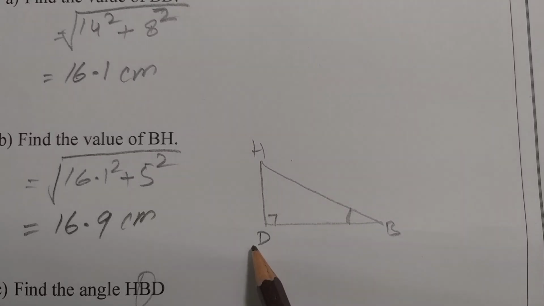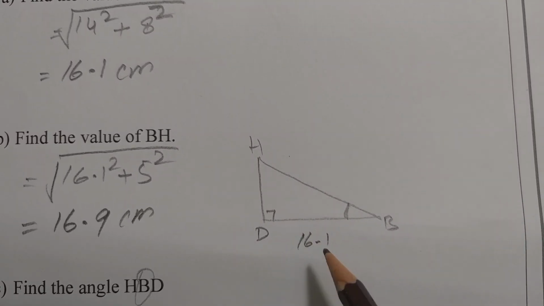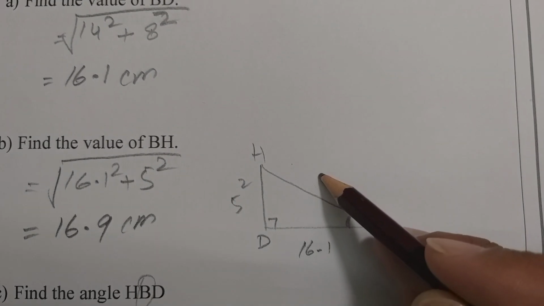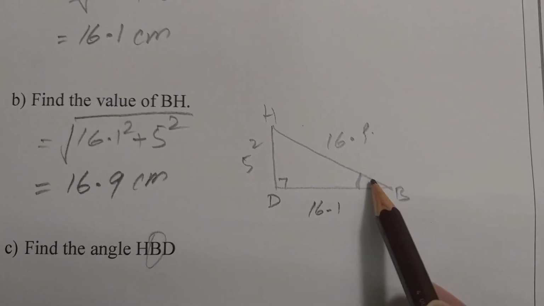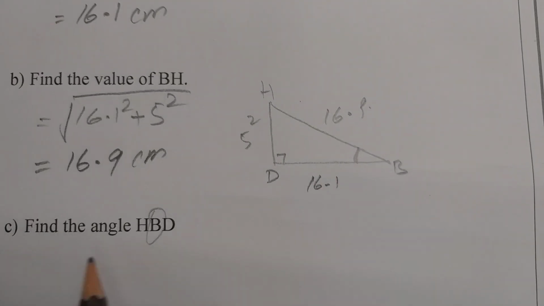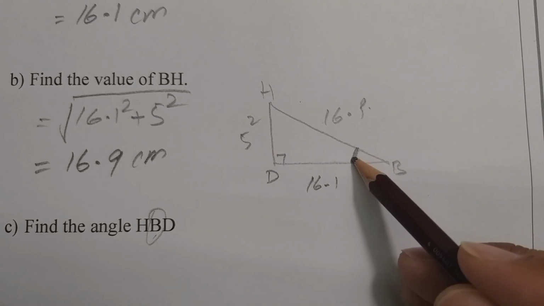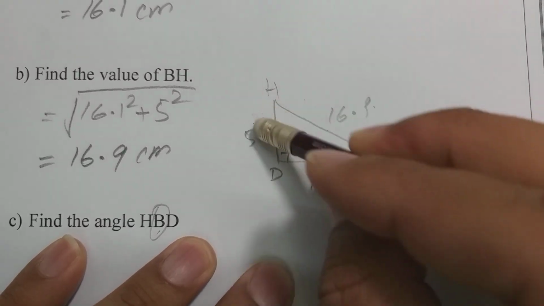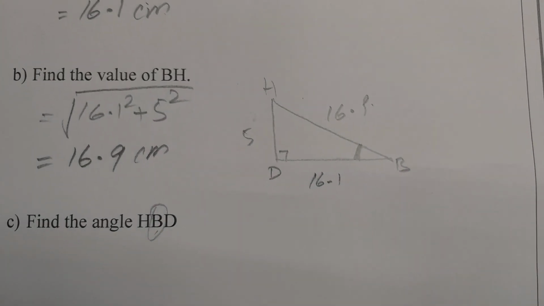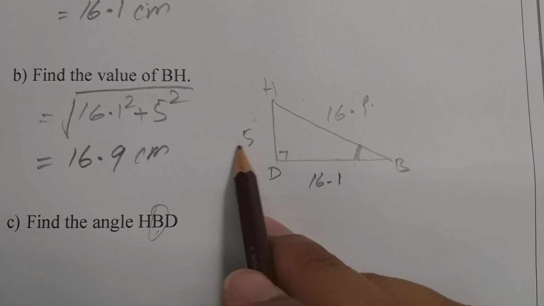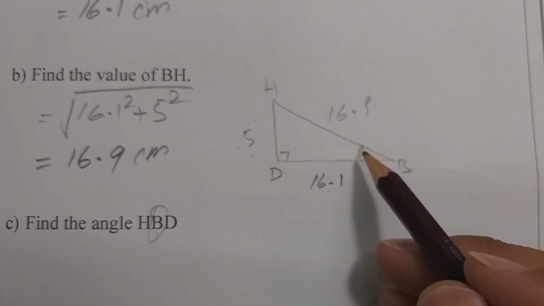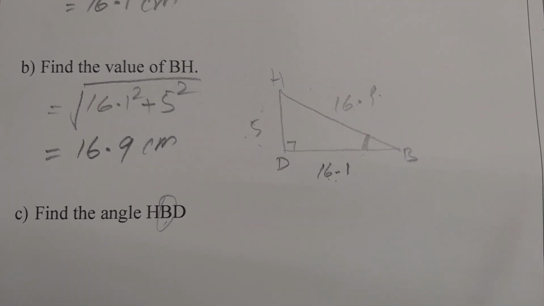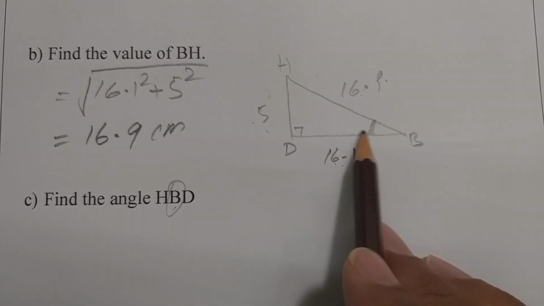So BD equals 16.1 and DH equals 5. We have this side which is 16.9. Now use this triangle. We need to find angle B. Don't put square here because this is just side length. This is opposite, this is adjacent, or you can use opposite hypotenuse, adjacent hypotenuse, up to you. We have all the formulas applicable here, but I'm going to use the tan method. So opposite over adjacent.